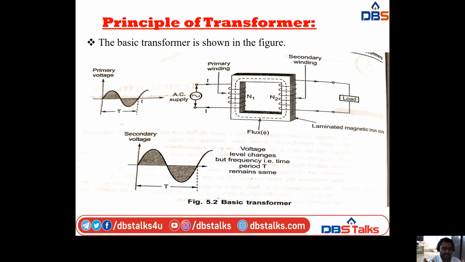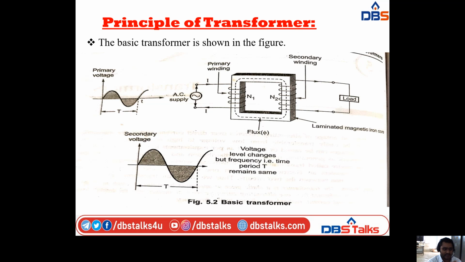The left side winding is connected to the supply and is called the primary winding, and the winding on the right side is connected to the load and is called the secondary winding. The primary winding consists of N1 turns, and the secondary winding consists of N2 turns, on a laminated magnetic iron core. In between the windings we have some dotted lines, which are also called flux lines.